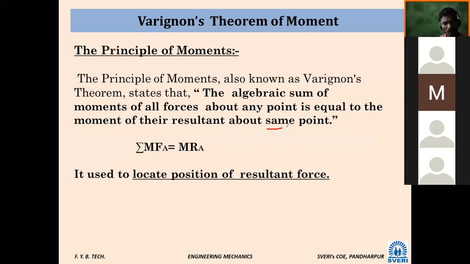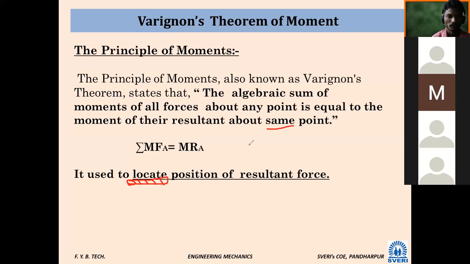Earlier we calculated the magnitude of the resultant and finalized the direction, but we had not located where it would be exactly. To locate it exactly, this theorem will be used.